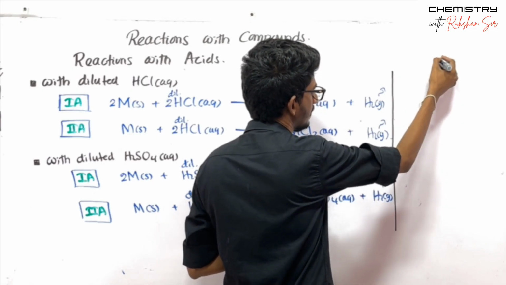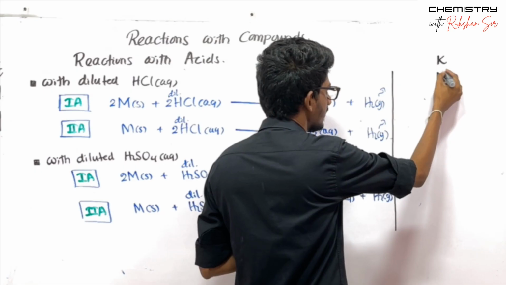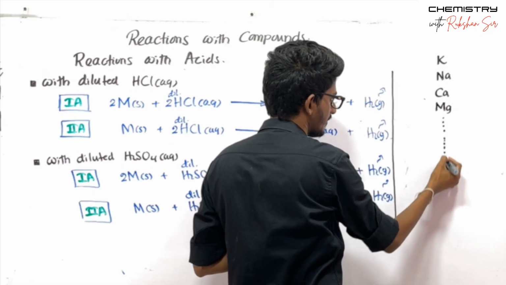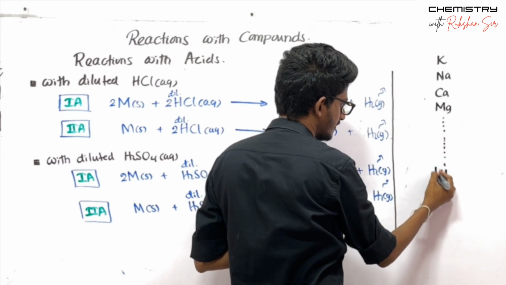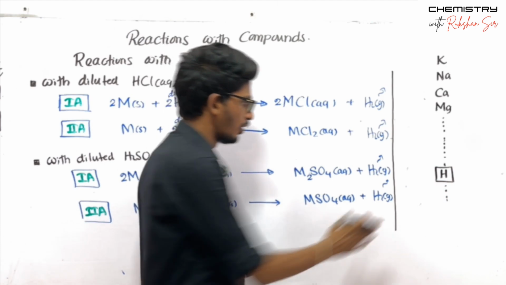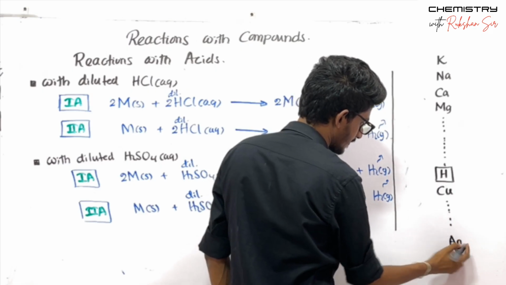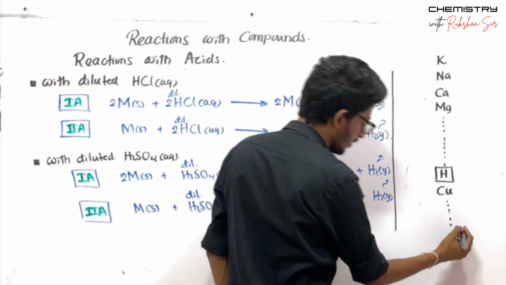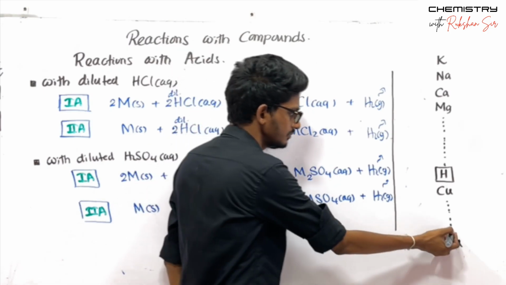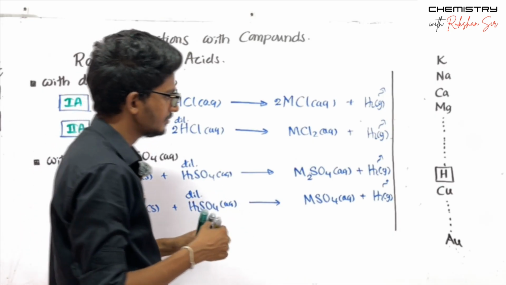Let's come with some elements in the activity series. Sodium, calcium, magnesium. These are the S block guys. Then you have hydrogen, and then you have the copper and the rest, ending up with gold, Au. So these are the S block guys.